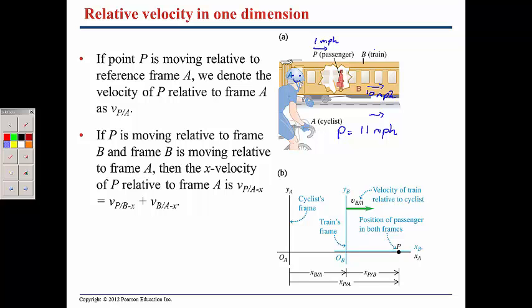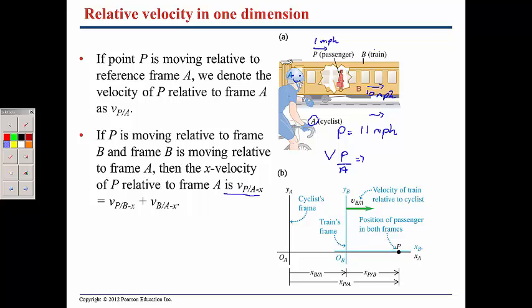Now, the book, of course, has to do this using some complicated diagrams here, and I'll try to walk you through this one. Suppose we wanted to talk about the velocity of the passenger with respect to A, the cyclist. That's what that little slash right here means, the velocity of the passenger with respect to A, the cyclist.